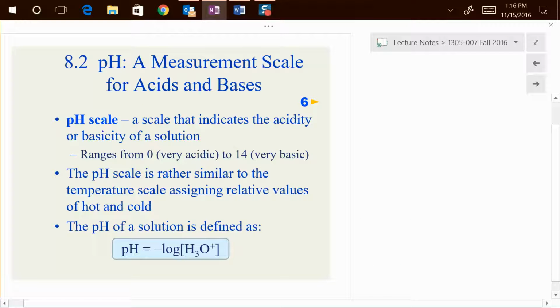And that's how we get our pH scale. So the pH scale, pH is a measure of the H plus ion concentration. pH equals the negative of the log of the H plus ion concentration. So if my H plus ion concentration is 1 times 10 to the negative 7, what is the logarithm of this number?